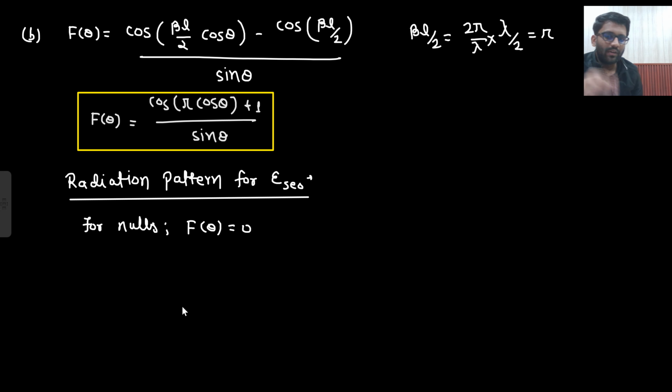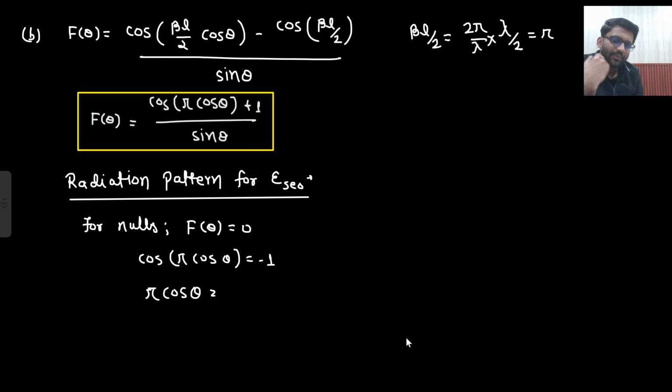If you know the nulls, then between two nulls you will have a maxima. So f theta equals 0. So cos pi cos theta should be equal to minus 1. And if it is equal to minus 1, pi cos theta would be equal to 2n plus 1 pi. Say yes or no, because cos theta equals minus 1 at pi, then again at 2n ahead.